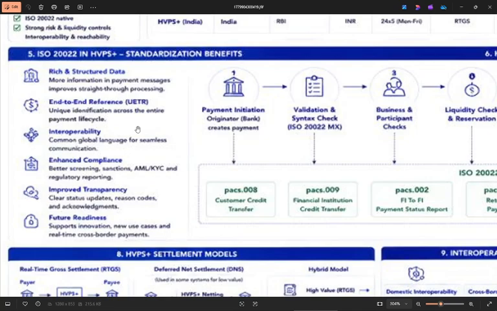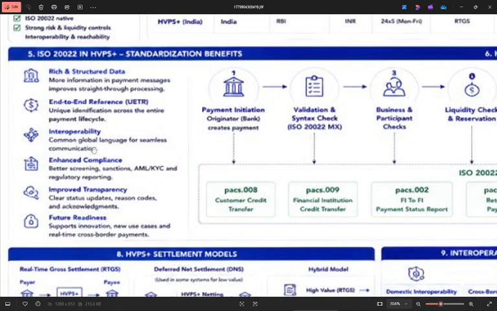Right. So what is the standardization? If you compare with the ISO 20022 CBPR message, all the rules, regulations, everything is matching here. Rich in data, with an end-to-end reference for tracking payment, and based on that you can track your payment anywhere in India, anywhere in the world, you can say. Interoperability: now we are using the same language of ISO, so everybody can understand the payment.